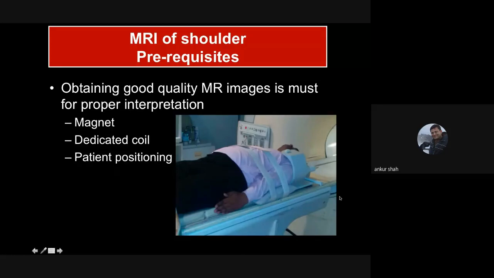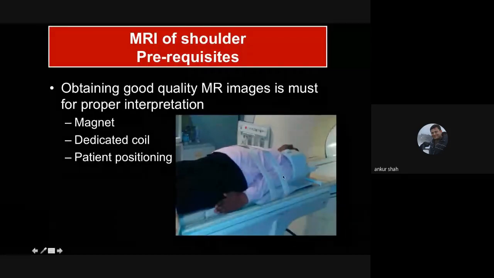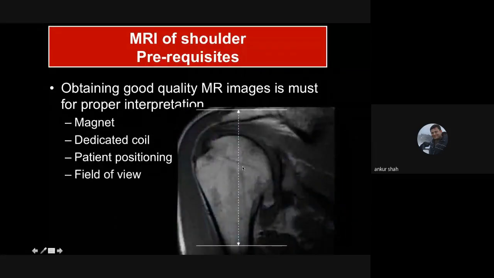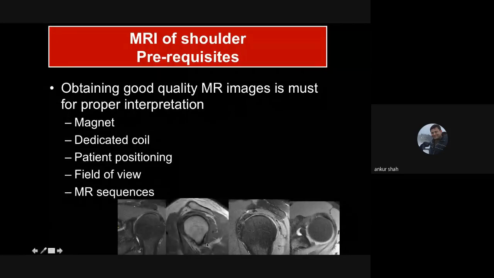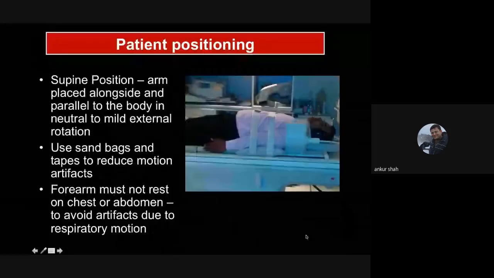Patient positioning is very important, because the shoulder is a joint very prone to movement during the examination, so it is important to make the patient comfortable so that there is no movement. Field of view should be optimum, and then the MR sequences. It is important to take all the optimum sequences, which give us details about the abnormalities.